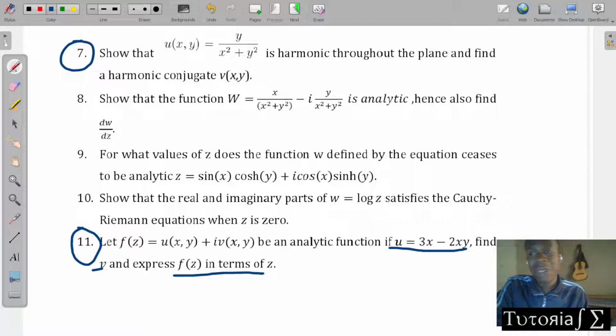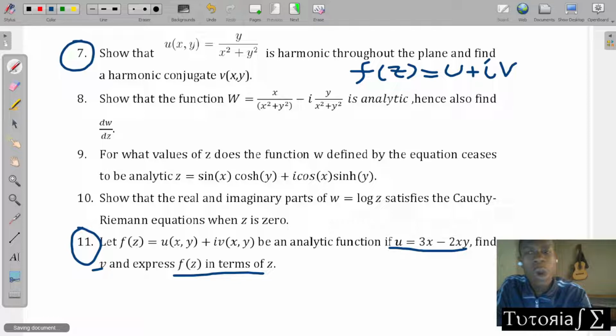So stay tuned. The first thing that we should know is that our function f of z is given by a real part u plus i times an imaginary part v. And we should also know that z has a real part and an imaginary part.